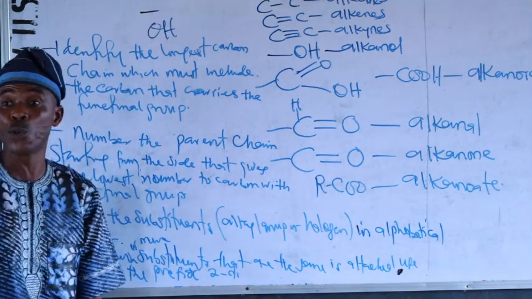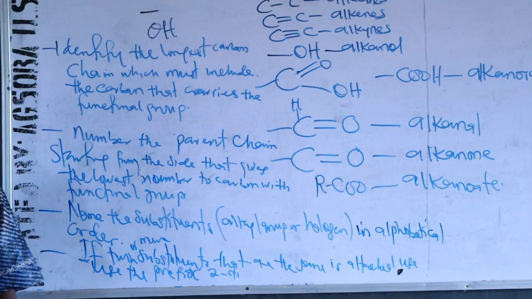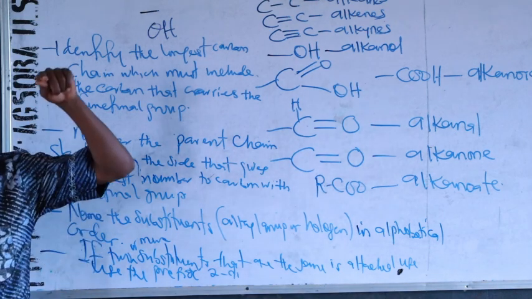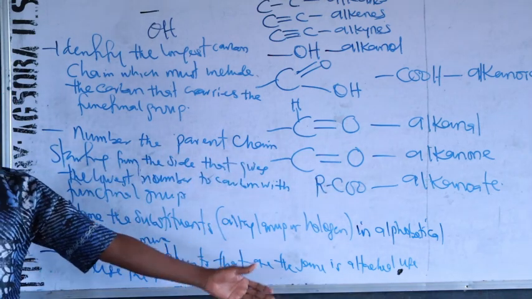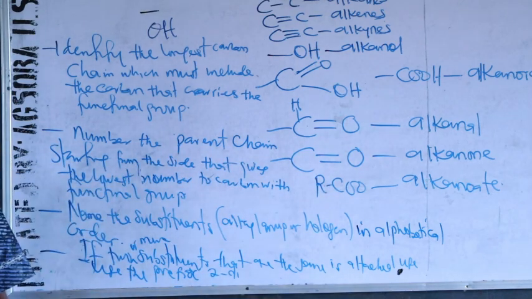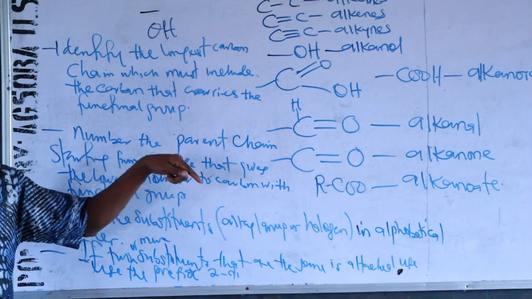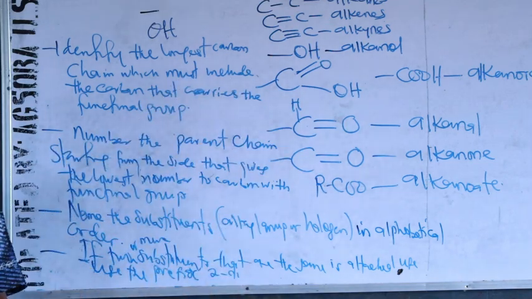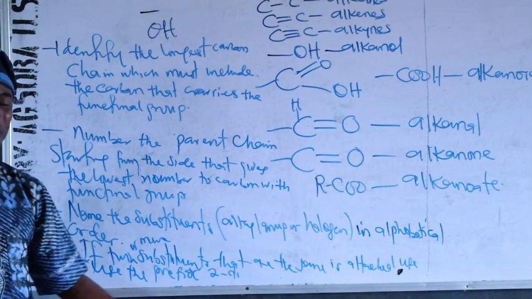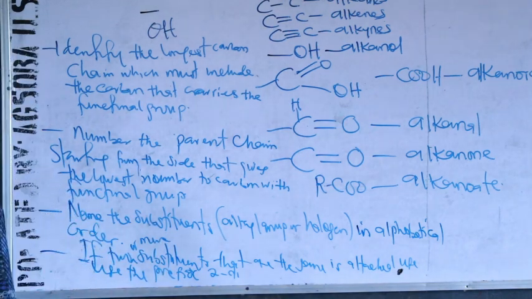That means we have two substituents that are the same. You tell us the number of the carbon to which each substituent is attached and use the prefix di. If there are three, you write the numbers to which those three substituents are attached and use the prefix tri. And if there are four, you mention the carbon number to which each of the substituents is attached, then use the prefix tetra.